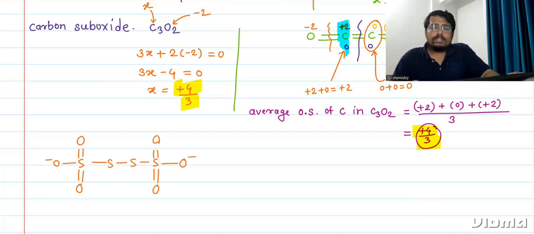Tetrathionate. So this is an example of tetrathionate. Let us find the oxidation state of the sulfur atoms here by dissociating the bonds. On dissociation of these two bonds, oxygen is more electronegative, so assign -2 charge to oxygen and +2 charge to sulfur.